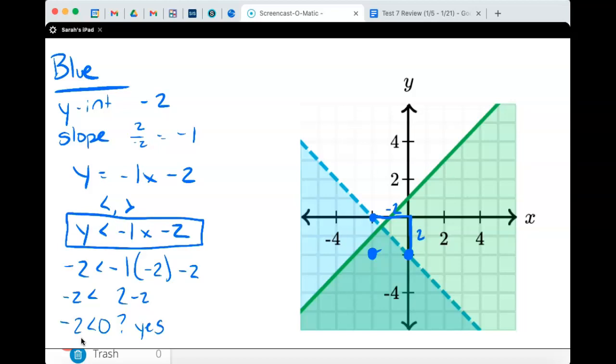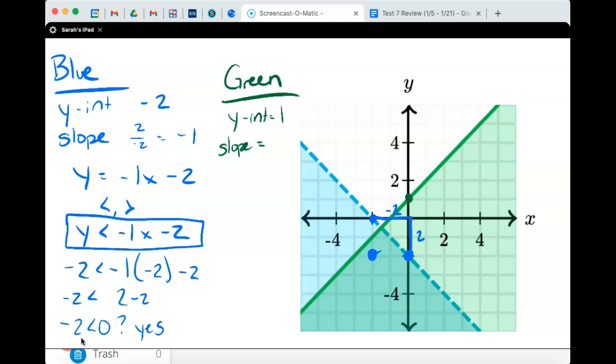Now we have to do the green line. What is the y-intercept? 1, I'd agree with that. What is the slope? Yeah, I would agree with that. If I start here and go up to this one, rise 1, run 1. So my equation would be y equals x plus 1.